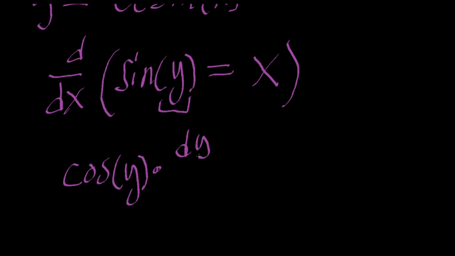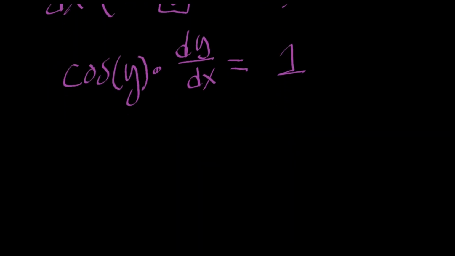So I'll just write that as dy dx, which is the derivative of arcsine of x, which is really what we're looking for. And on the right hand side, we just have the derivative of x, which is just equal to 1. And we can divide both sides by cosine of y, and we'll see that dy dx is equal to 1 over cosine of y.